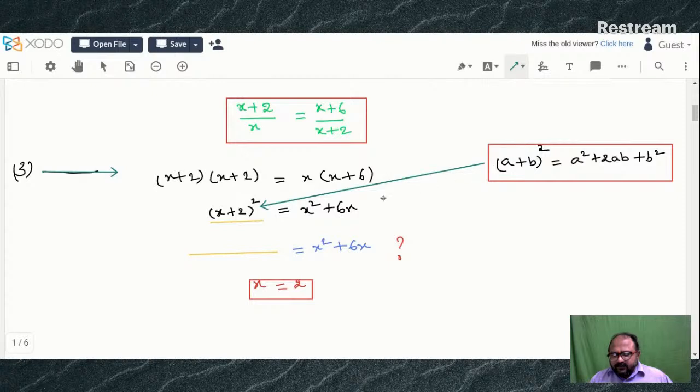If you apply the a plus b whole square formula on x plus 2 whole square, you will be able to expand. It will be x square plus 4x plus 4, and bring all the terms to the left hand side, x square terms and x terms on the left hand side, and a constant on the right hand side.